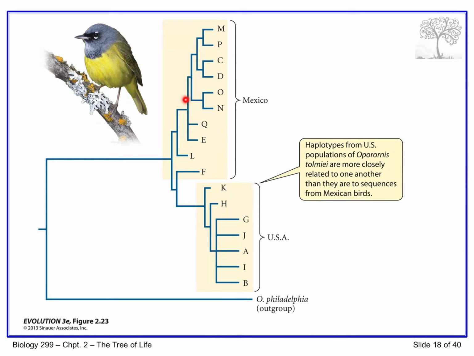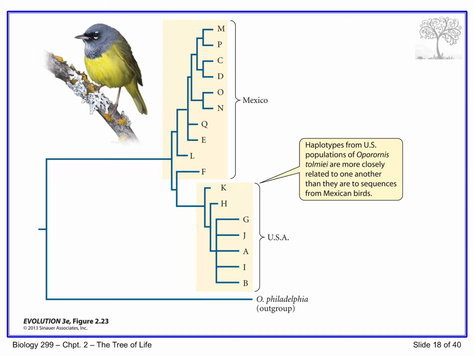You can imagine the Rio Grande River, for example, running between Texas and Mexico, and maybe you just don't get a lot of migration of individuals from Mexico to the US or vice versa. And so what we see then is a distinctive grouping of Mexican and US haplotypes from the ancestral gene. And this is actually very common.